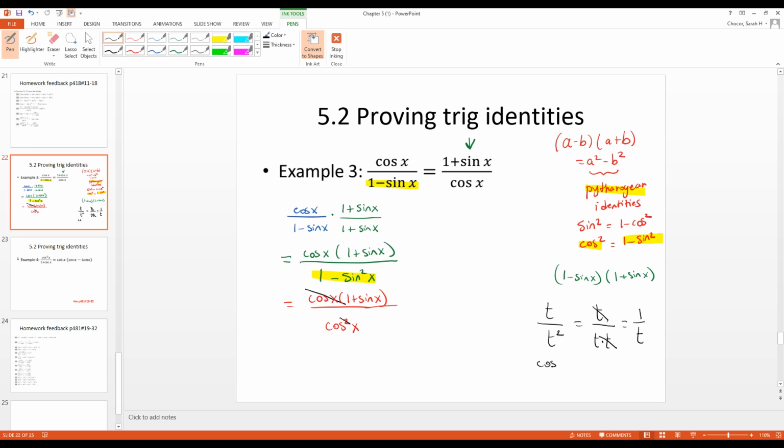Similarly with cosine, if you have cosine over cosine squared, it's cosine over cosine times cosine, and those cancel out. You'll be left with 1 over cosine. That's what's going to happen here. We are left with cosine on the denominator and 1 plus sine on the numerator. And let's take a look at what we needed to prove, and we just proved it.